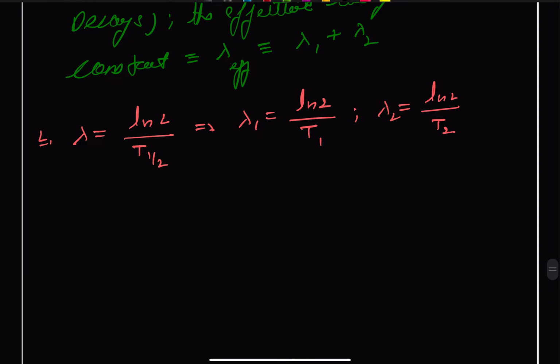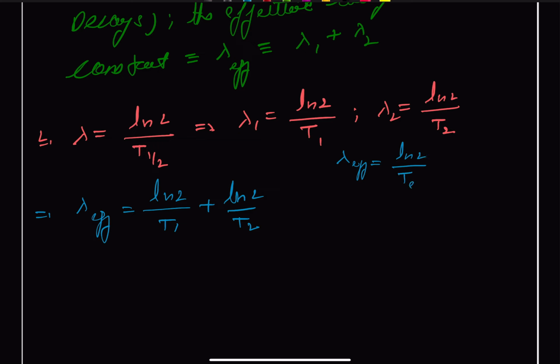Therefore lambda effective will be equal to natural log of 2 divided by t1 plus natural log of 2 divided by t2. And one formula we can also write is that lambda effective will be equal to natural log of 2 divided by what we can call t effective.